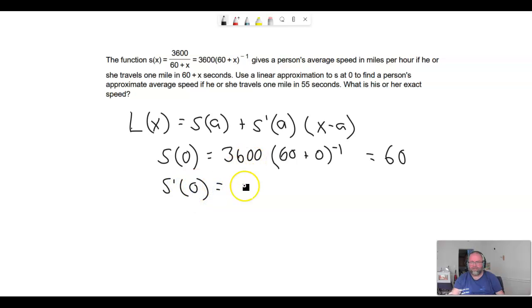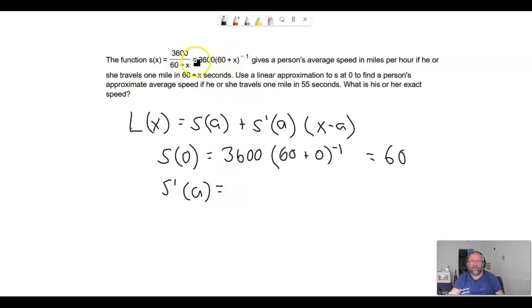That's just going to be the same function, except we're going to have to find the derivative of this. So let's go ahead and calculate the derivative. I should have done that first. So before we apply the s prime of 0, let's find s prime of a. That means our function at the derivative here.